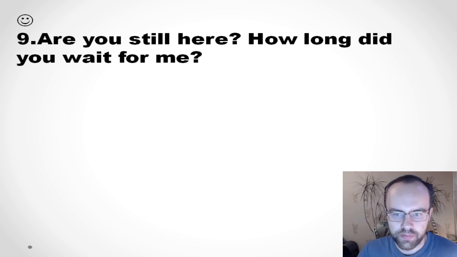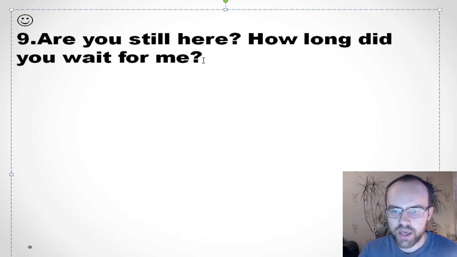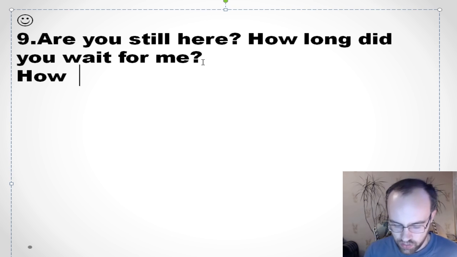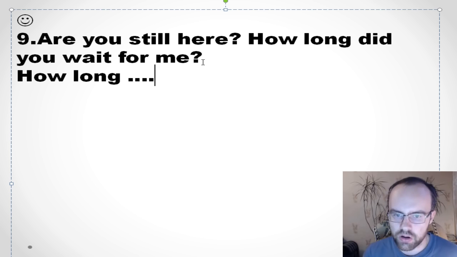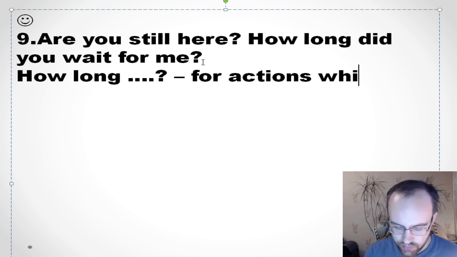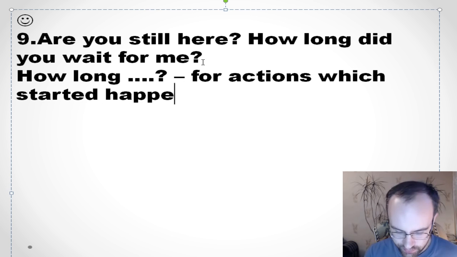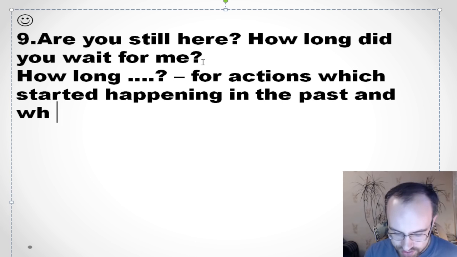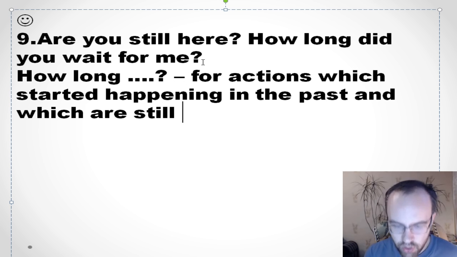Are you still here? How long did you wait for me? So it's about the past, and you often ask questions with how long, for actions which started happening in the past and which are still going on.